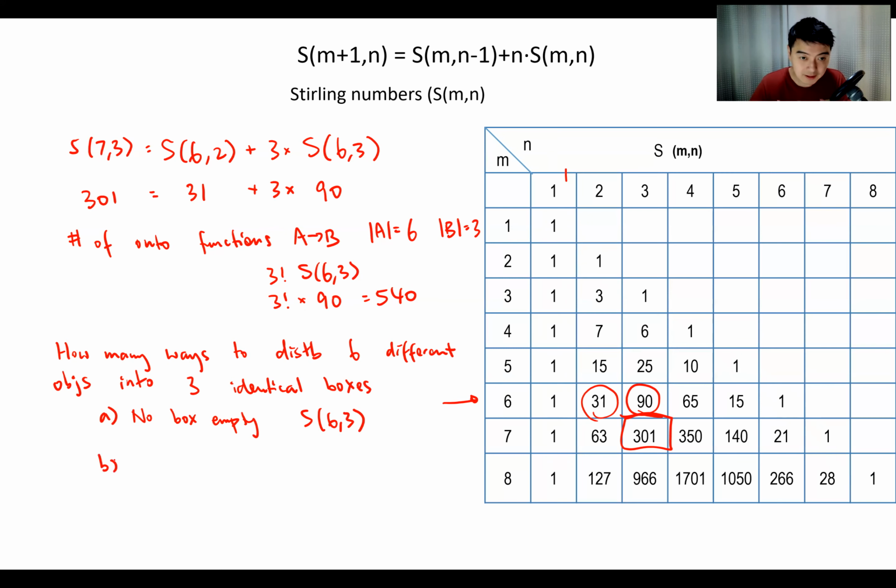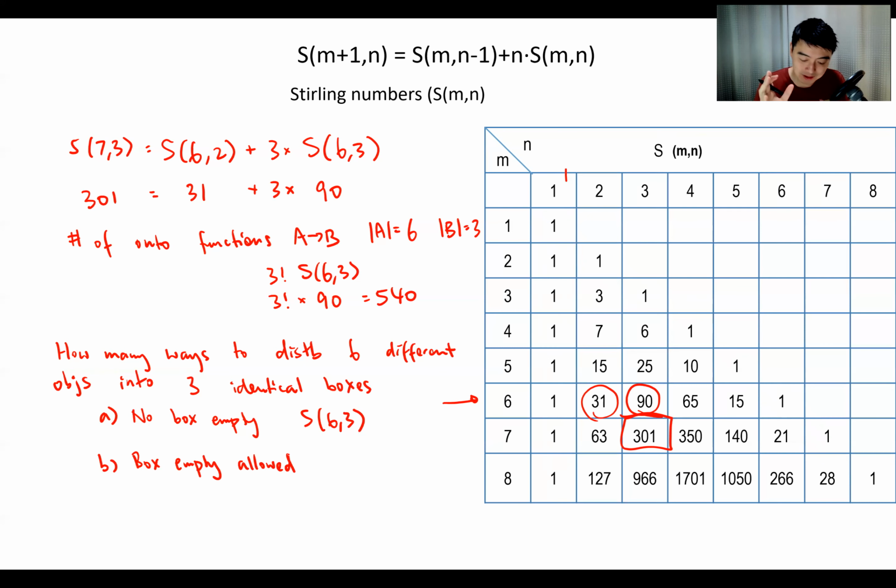Now, on the other hand, for B, if the boxes can be empty, so empty boxes are allowed, it's very similar to saying that I'm going to distribute 6 objects into 3 boxes with none empty, or 6 objects into 2 boxes with none empty, or 6 objects into 1 box with none empty.